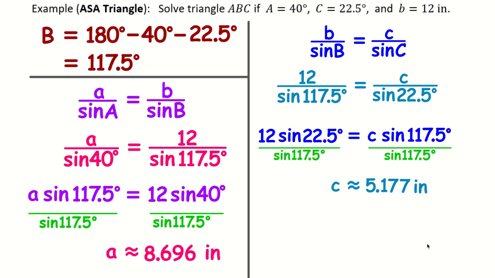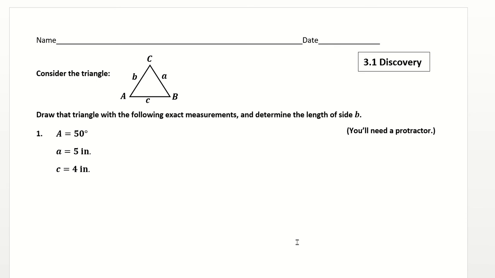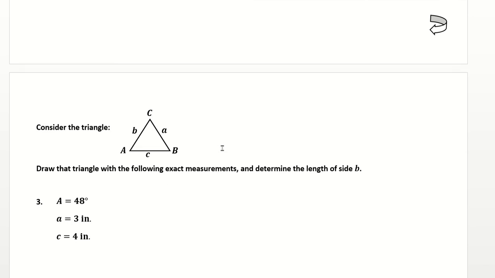Now, at this point in time, I'm going to have you switch over to this 3.1 discovery. In a minute or two, well, maybe more than a couple minutes, you're going to actually pause this video, do a hard pause, and see if you can run through these 3 problems.